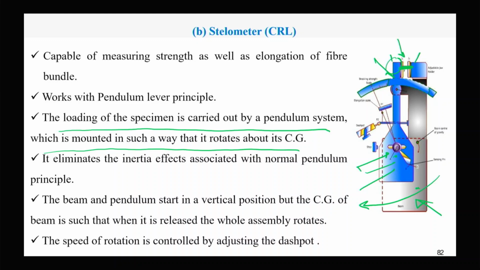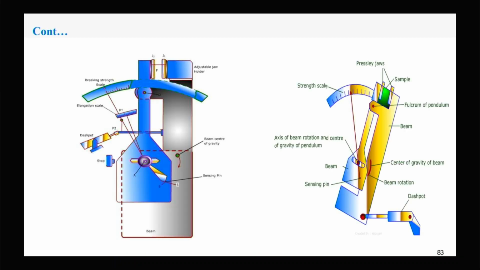If we see the diagram, this is the initial point, on the left side the material is fitted, and when we release, the beam will get deflected, and due to the presence of the material sample specimen, the pendulum also will get deflected.